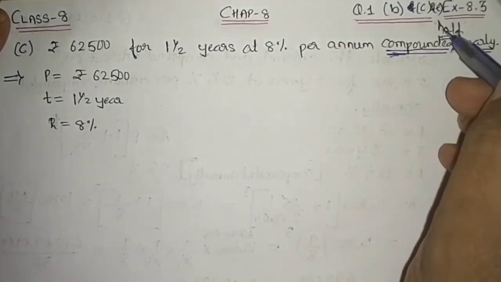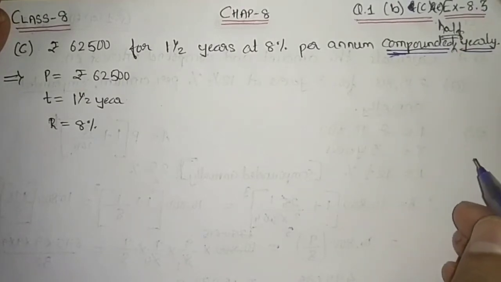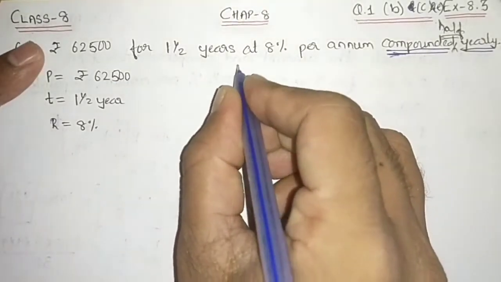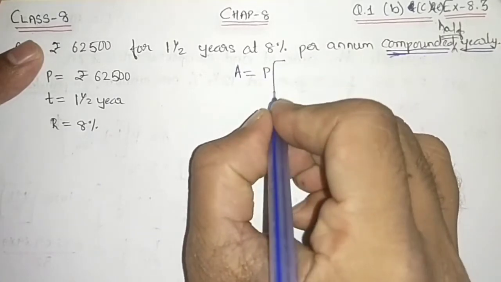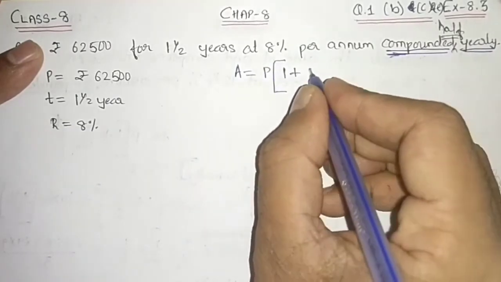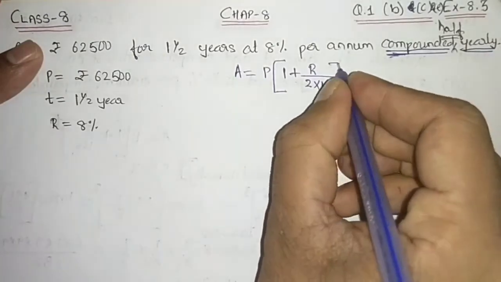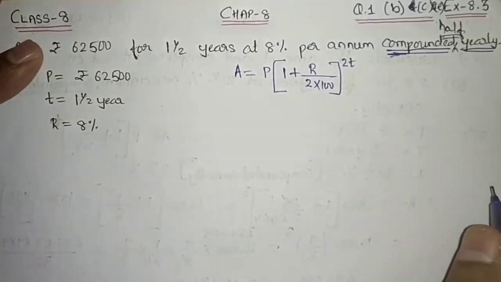But here, since they have given you half yearly, the formula will change and you are not supposed to do that calculation. So here, for finding the amount, the formula is amount is equal to principal into bracket 1 plus R divided by 2 into 100, that is 200, whole raised to 2 times T.